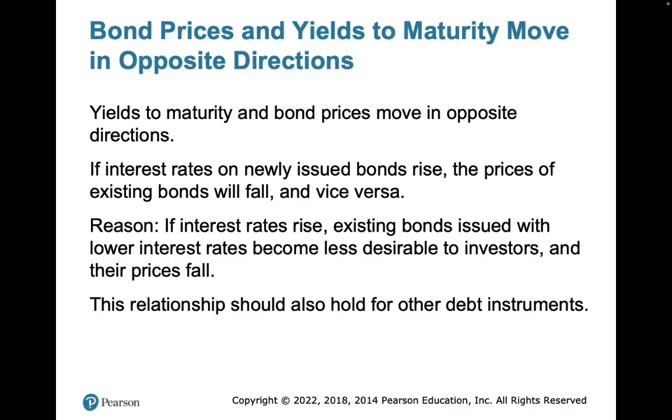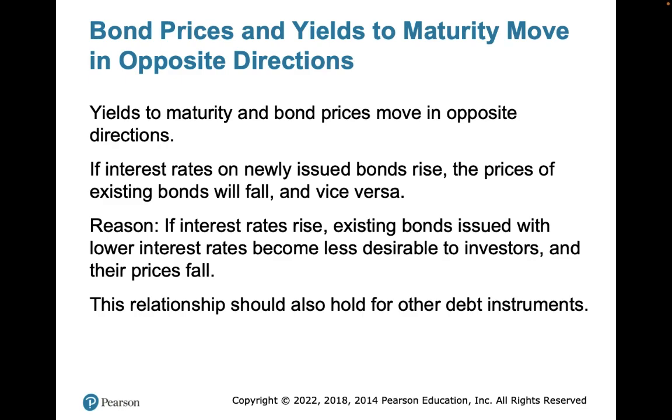If interest rates on newly issued bonds rise, the prices of existing bonds will fall, and vice versa. Why is this happening?